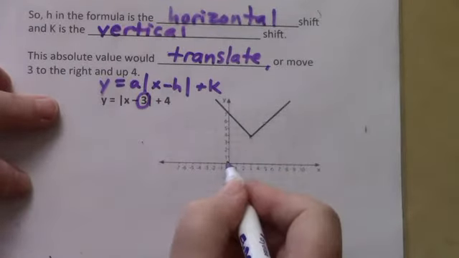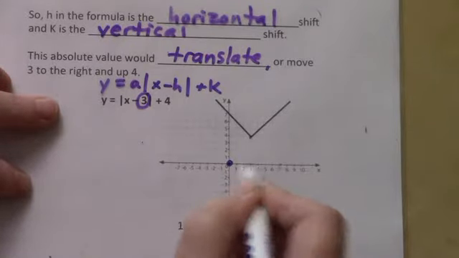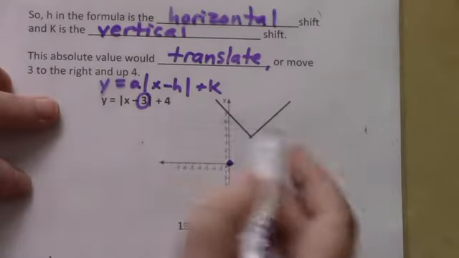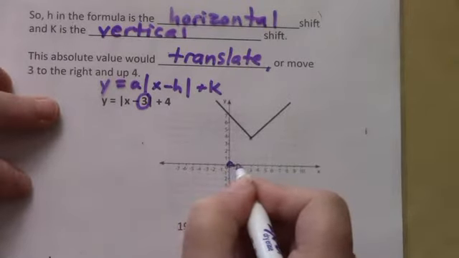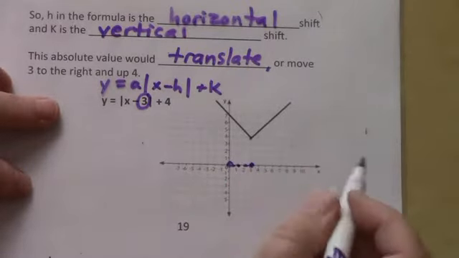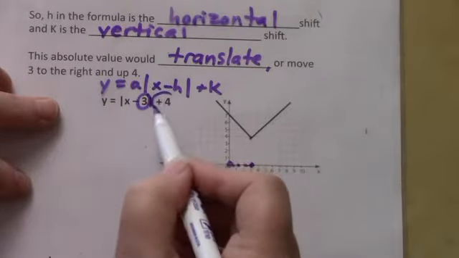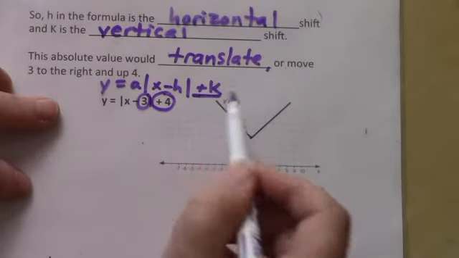H is the horizontal shift. So if this parent function, the vertex, started here, horizontal is left or right. It's positive 3, so we went to the right 3. And then here is our k.